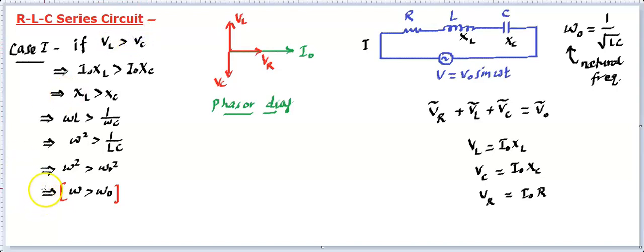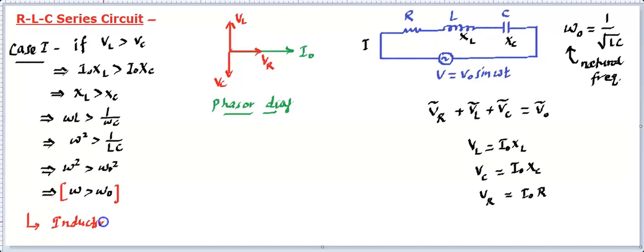That means it is true both ways. And if it is true, it is trying to say that the inductor is dominating over the capacitor. So we will say this circuit shows inductive features. So it's an inductive circuit.